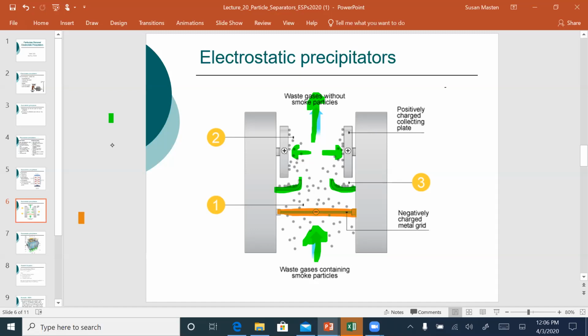And now those negatively charged particles want to move towards that positively charged electrode. And then they collect in here. Does that make sense? Yes? Okay, good.